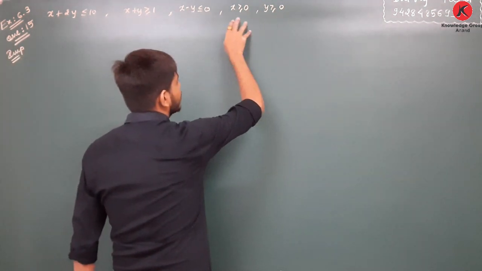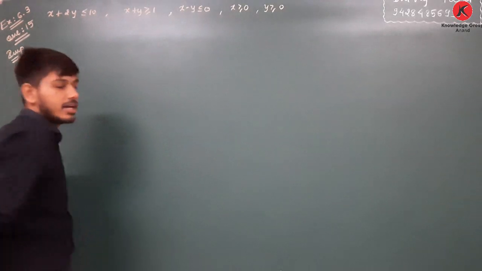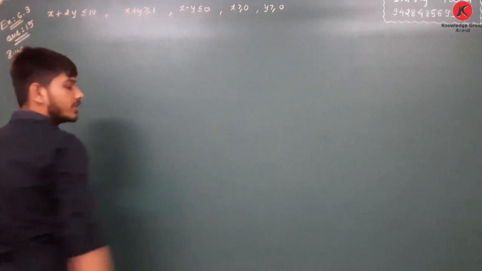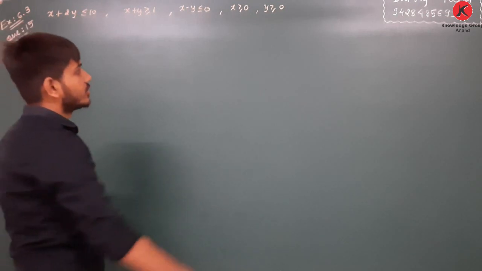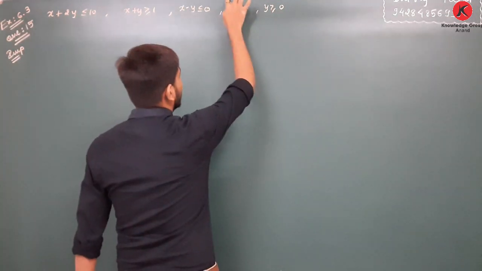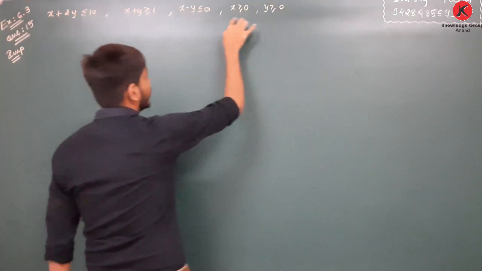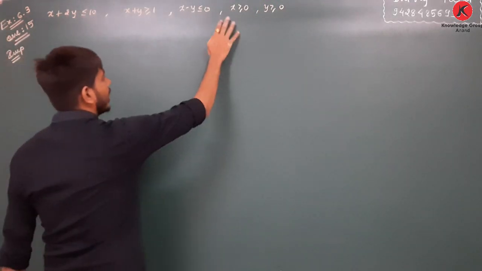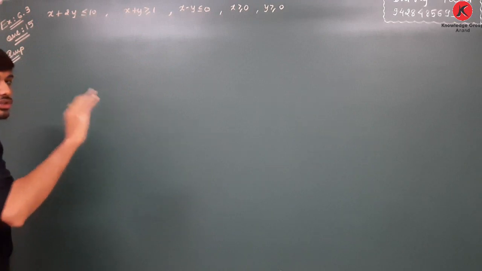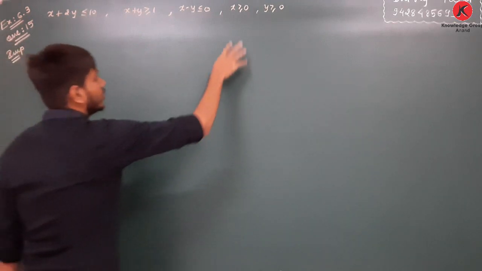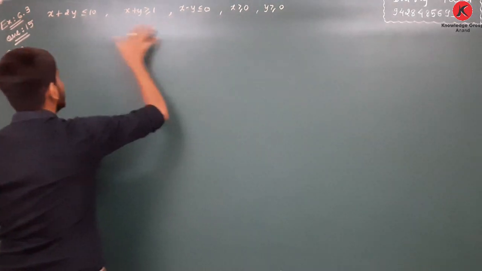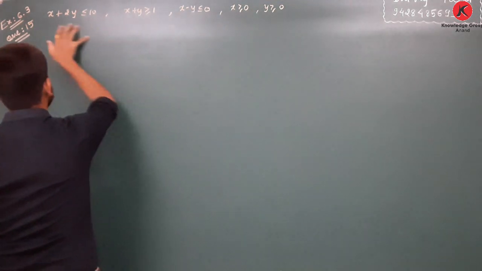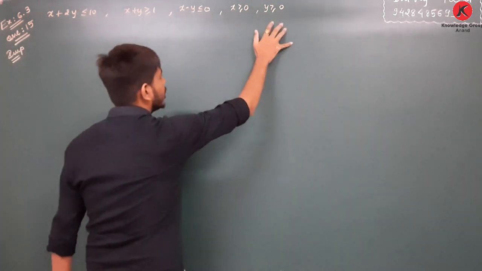These two things we have discussed yesterday. A more important thing is that when x is greater than or equal to 0 and y is also greater than or equal to 0, it decides our first quadrant. Therefore, we need the graph in only the first quadrant, because we have to take the intersection region of all the inequalities.